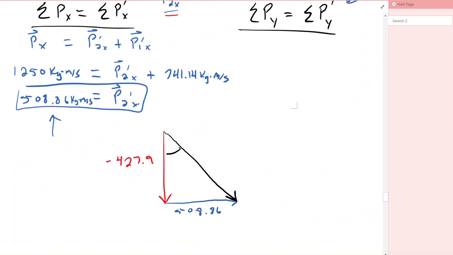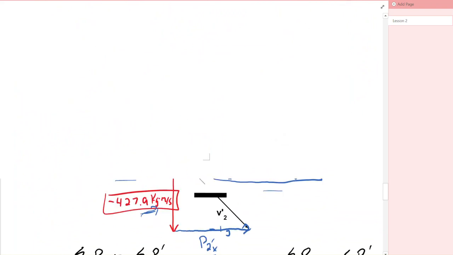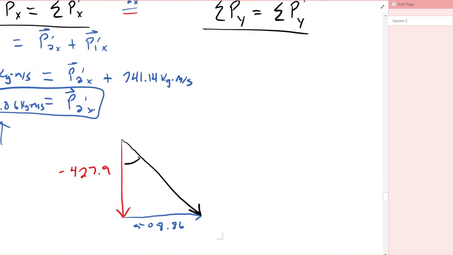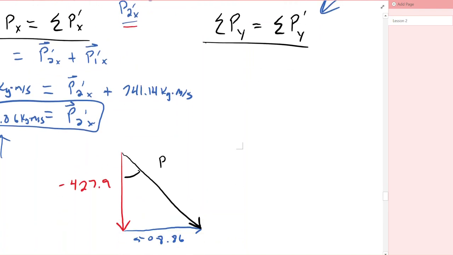So anyway, okay, so this was the momentum of, what number was it? Particle 2 after. Okay, so we'll say momentum of 2 after, and I'll just do Pythagorean theorem here, squared is equal to 427.9 squared plus 508.86 squared.